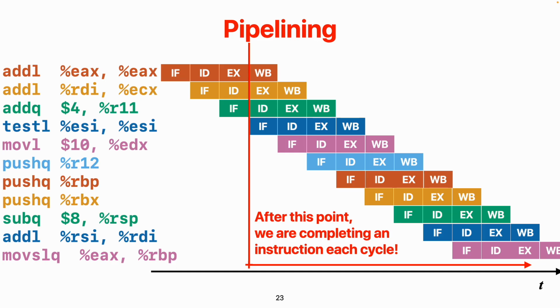Each cycle I'm always finishing an instruction, so every cycle I'm still finishing almost the same amount of instructions. However, the cycle time is a lot shorter, meaning that my performance will be a lot better. So this is the basic concept of pipelining design.